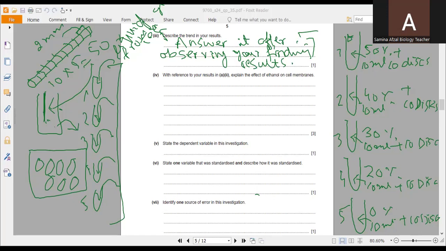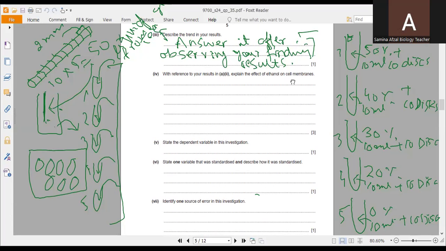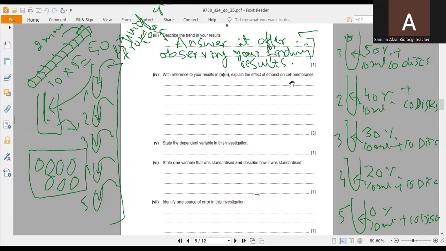Otherwise, you have to write after observing your findings in the lab. So, explain the effect of ethanol on cell membranes. You will write what you have observed during that experiment, what you have seen, what is the effect of that ethanol.